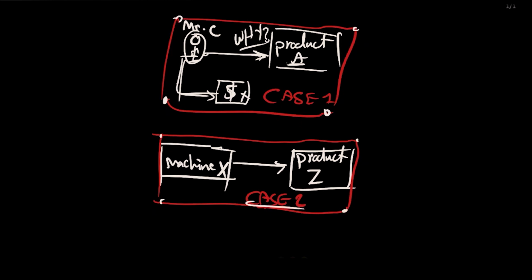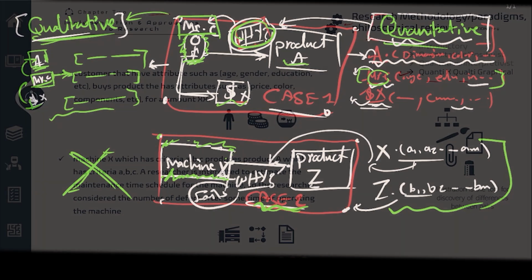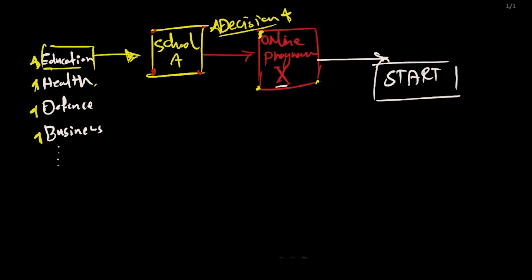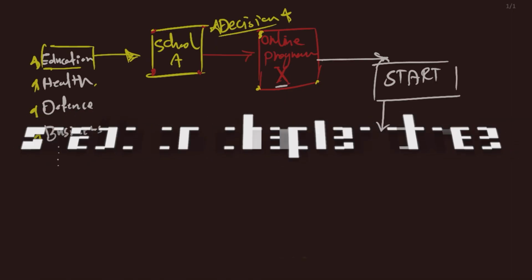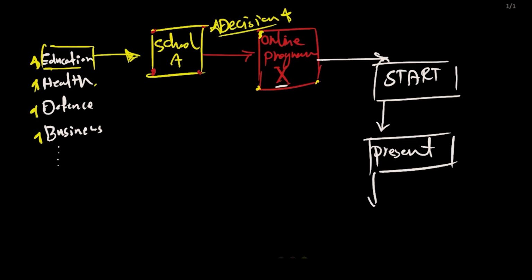We assume that for machine X, some of its batches fail to produce according to the quality characteristic that the company is expecting. Why? The difference between quantitative and qualitative starts. And since we are starting something, it means there is a present status for this program. And then, of course, since you have a present, probably we will be looking at the future sometime later.